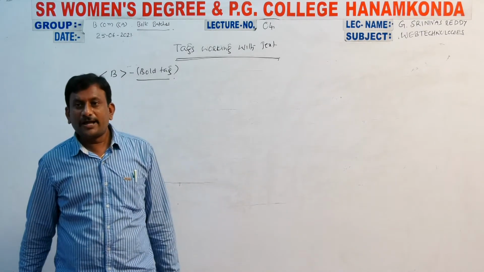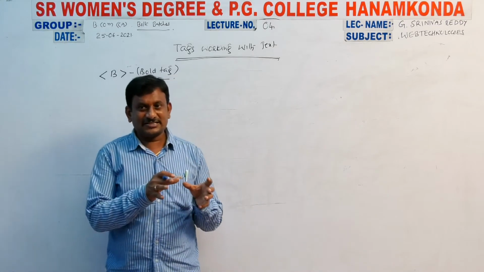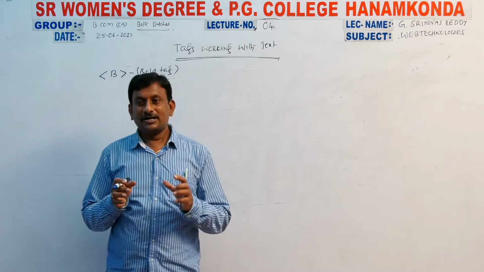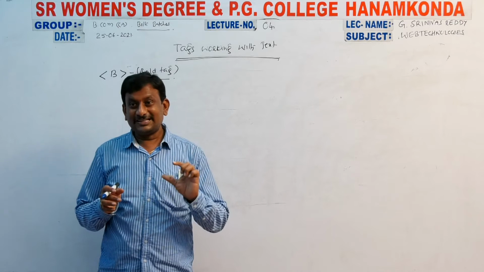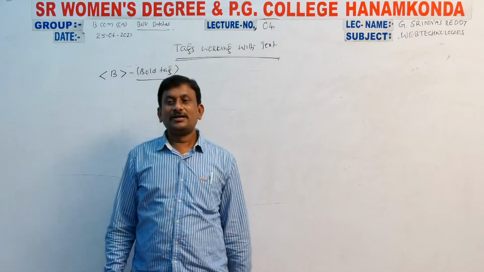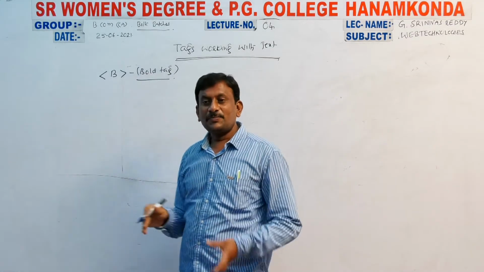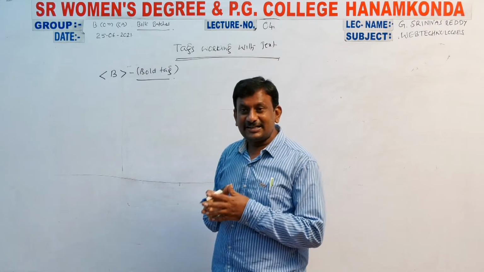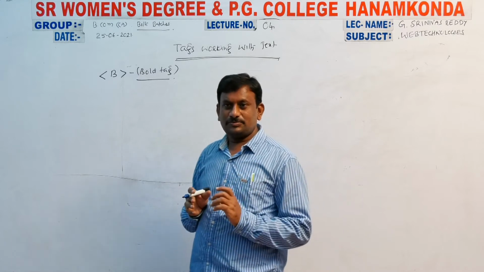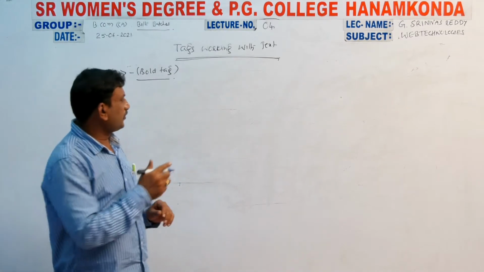This tag is mainly used for displaying the text or information in bold letters, thick letters. B means bold tag, mainly used for displaying content, text or information in big thick letters, bold letters, and its corresponding closing tag is /B.